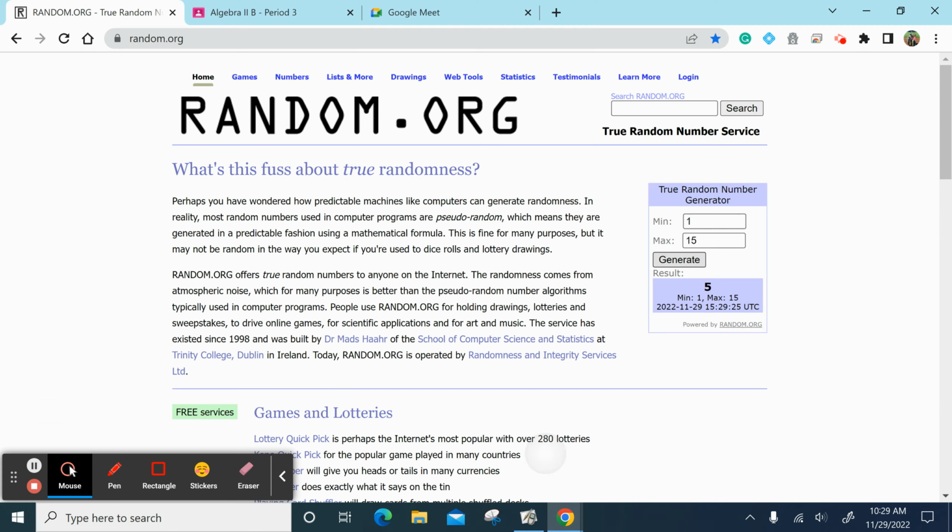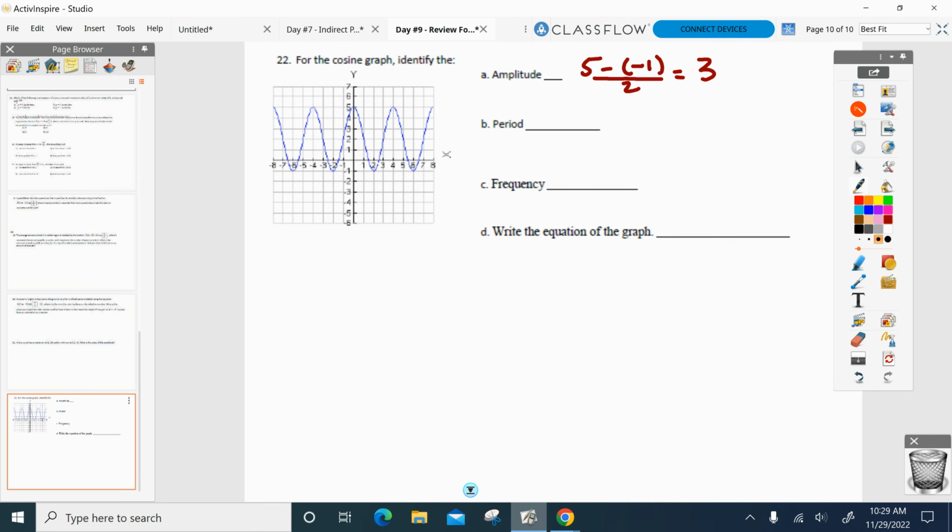Did you find the period on the graph? 4. Good. If anybody's wondering, I'm going to start here. That's where it starts on the y-axis. Tracing that, and I'm going to start repeating here. Look down. It's at 4. All right, now use 4 to find your B value, the frequency.